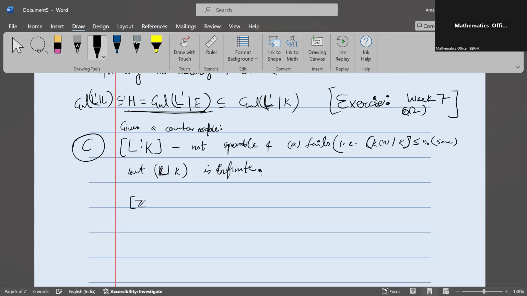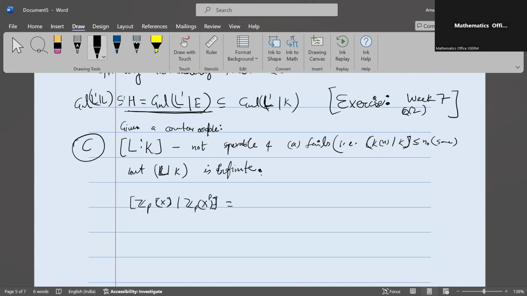Degree of extension of Zp(X) over Zp(X^p), field extension.